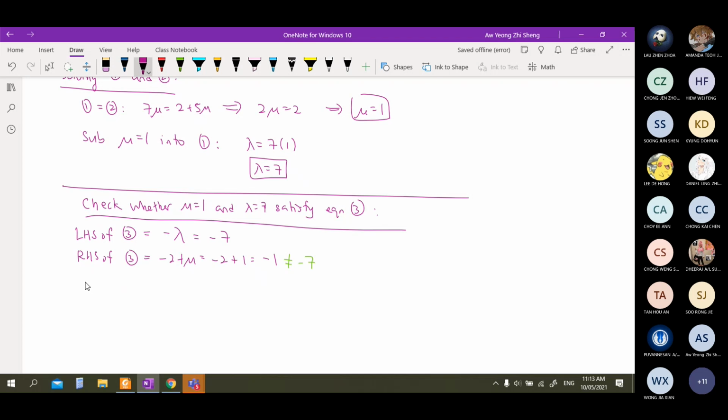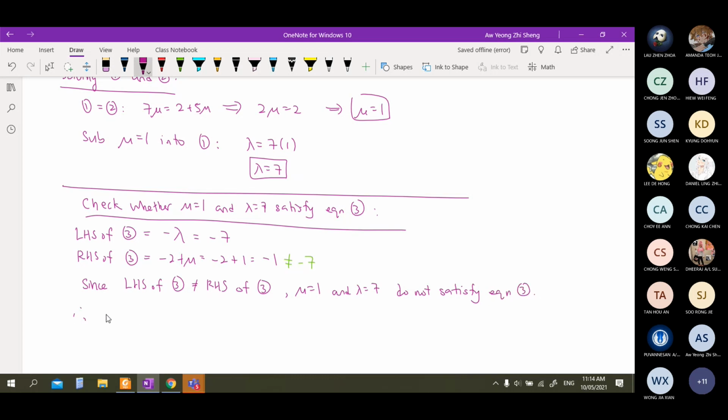Okay, then you conclude, since left hand side of 3 is not the same as right hand side of 3, mu equals to 1 and lambda equals to 7 do not satisfy equation 3.